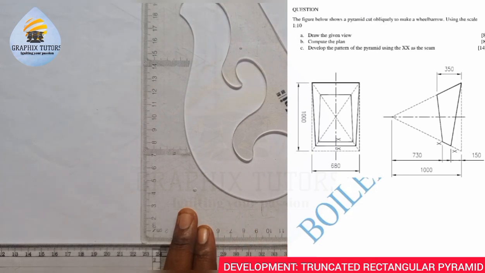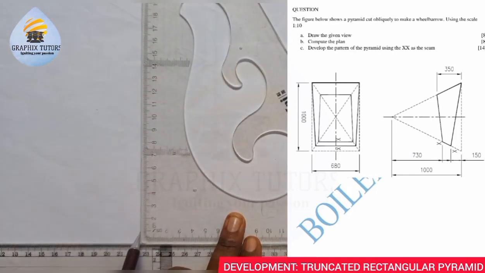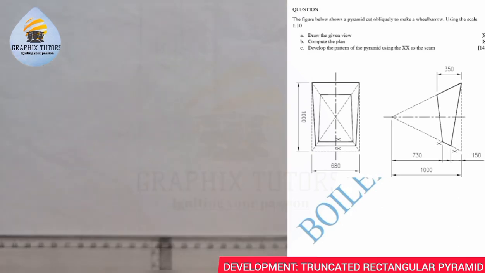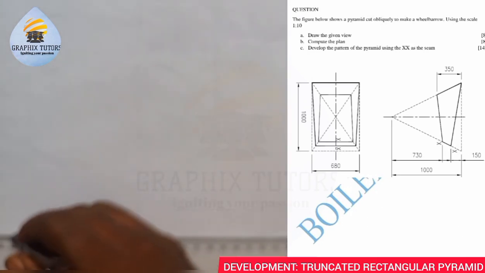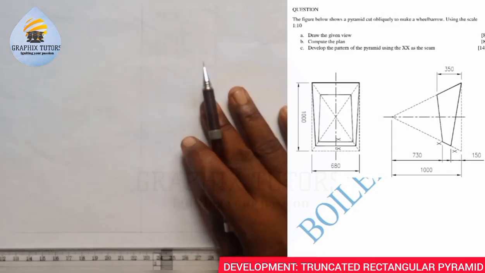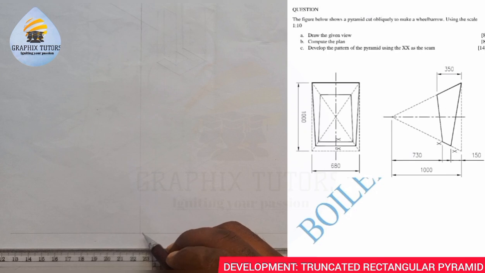Draw the vertical line this way. Can you see that? Then the next thing is to draw an horizontal line this way. So this point you see, this is where the vertical and horizontal line meet.